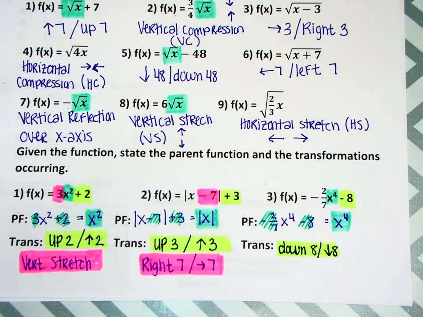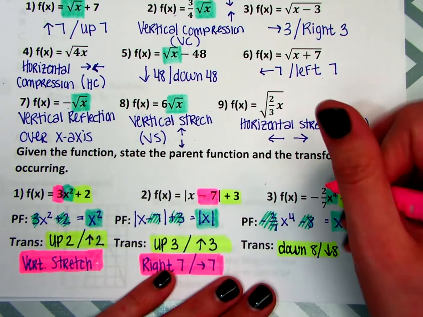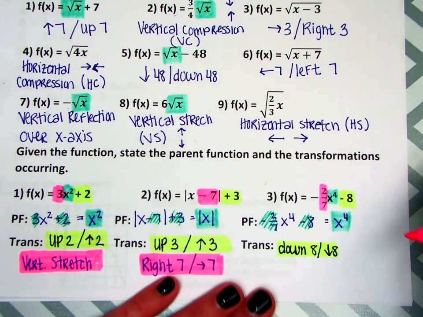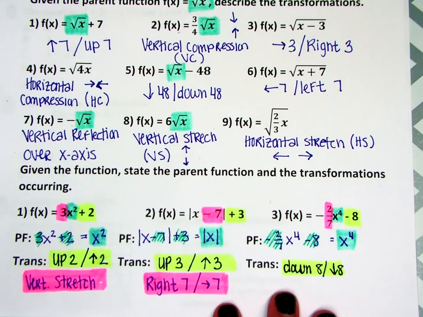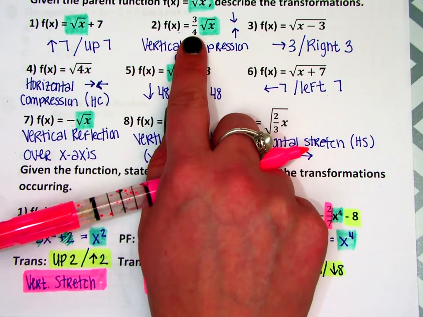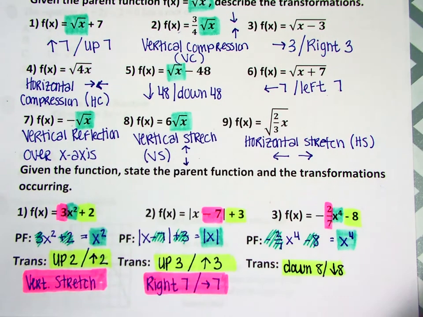Okay. The next thing I see, now I'm going to ignore the negative sign. I am only going to focus right here where it says 2/7. The negative sign is something different. It does something else. So I'm going to look up here. I'm looking for outside of the parent function, less than 1. I see it here. That is called a vertical compression.